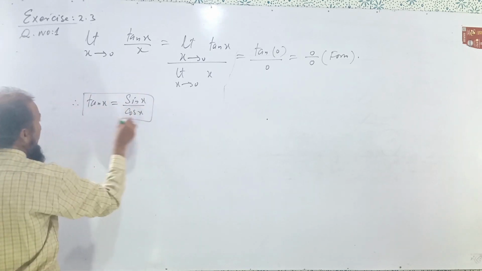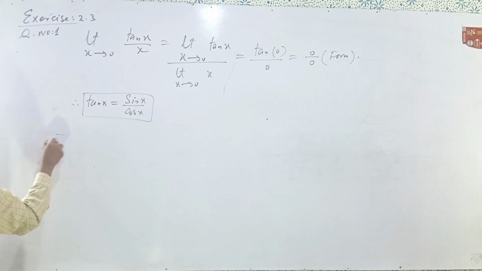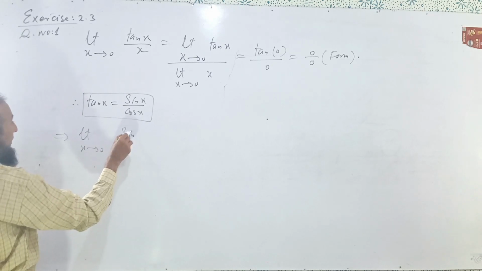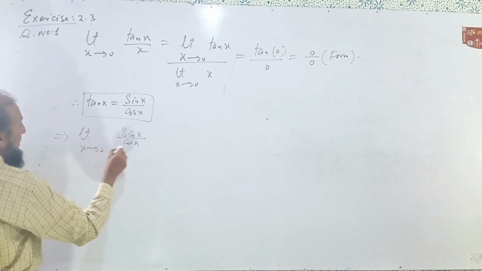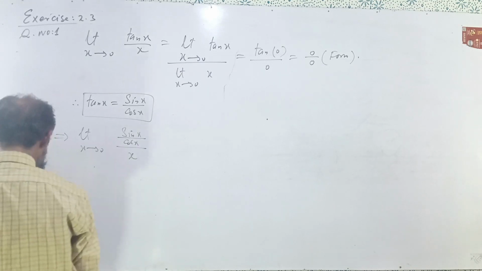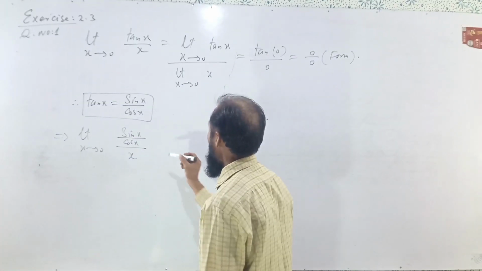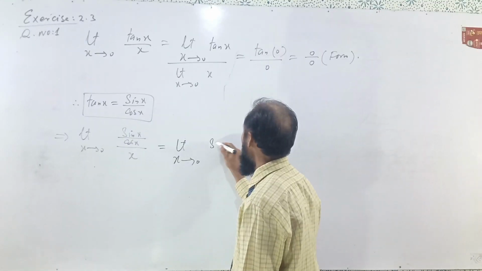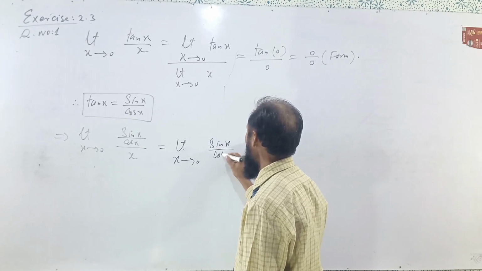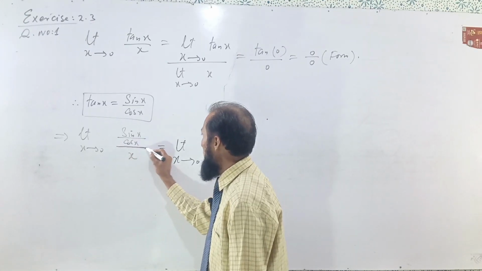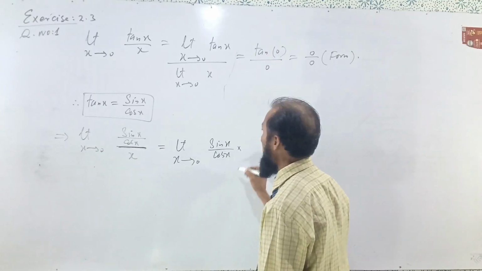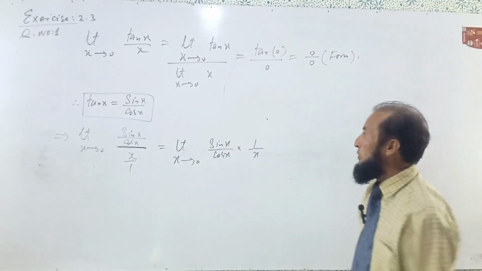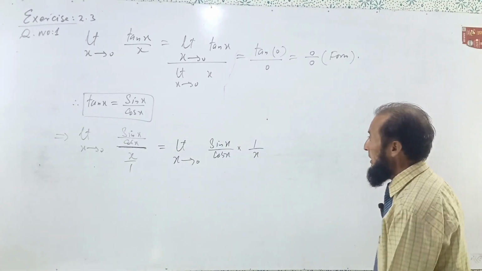According to this formula, limit x tends to 0 of tangent x we can write as sin x divided by cos x divided by x. Division we change into multiplication, so we can write sin x divided by cos x, times 1 by x.